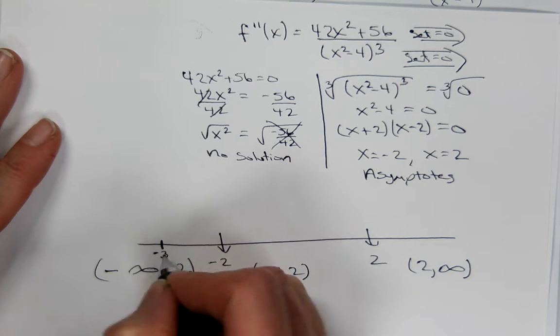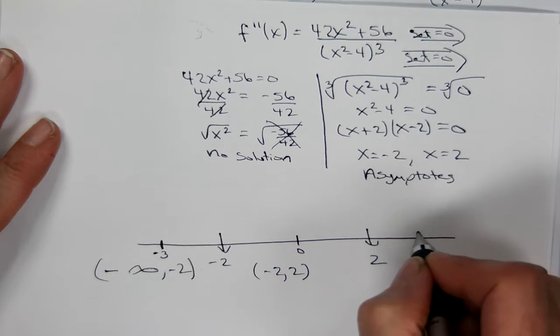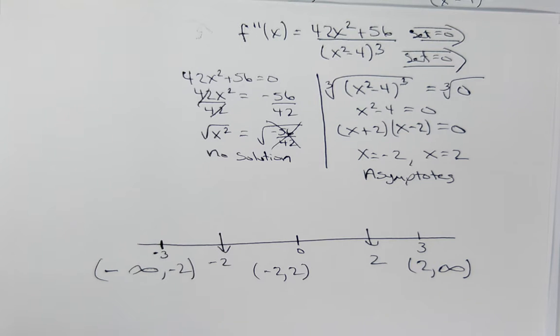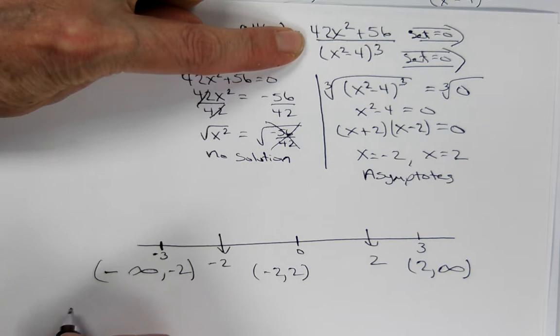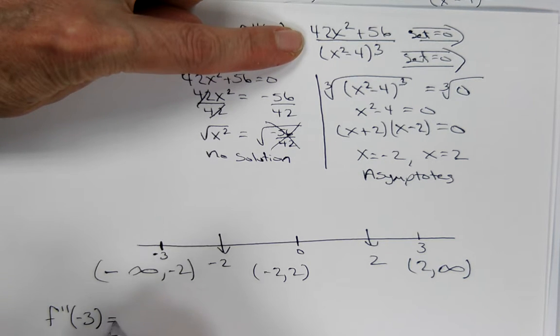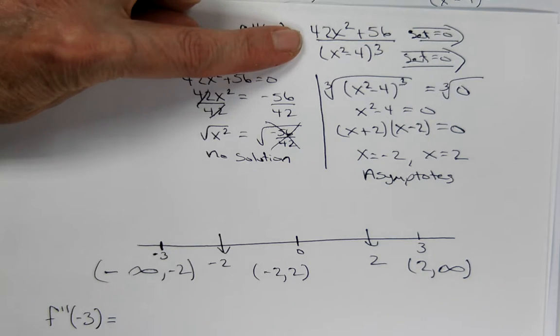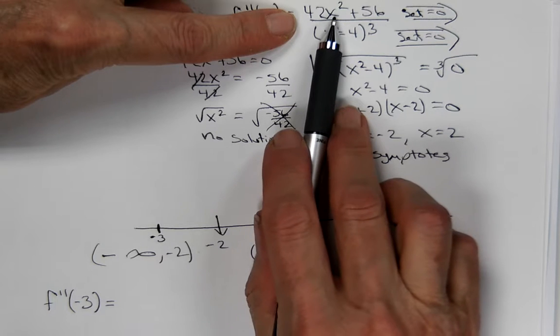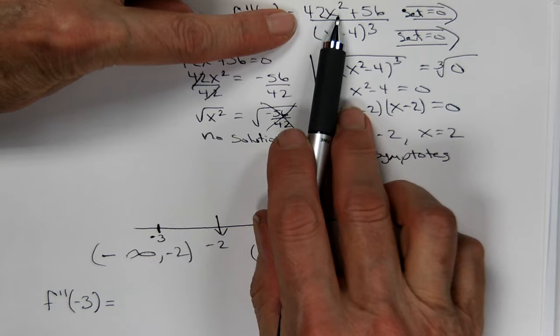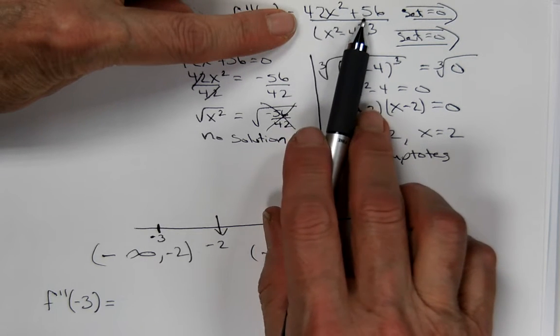So negative 3, 0, and 3 are my test points. They are going into the second derivative. So I'm plugging in right there. The second derivative evaluated at negative 3, and I really only care if it's positive or negative, so I know the concavity. If I plug negative 3 in the numerator, it's going to be squared, so it becomes positive times a positive plus a positive.